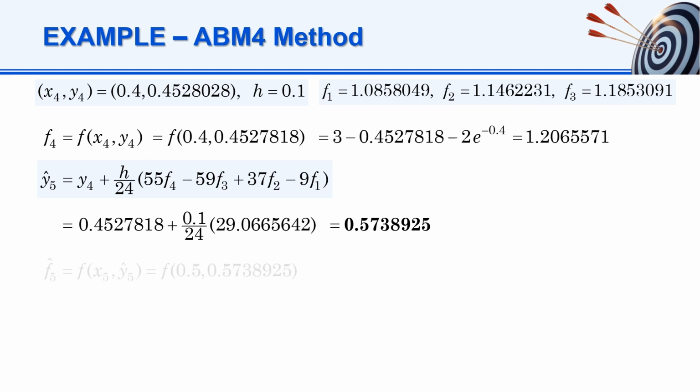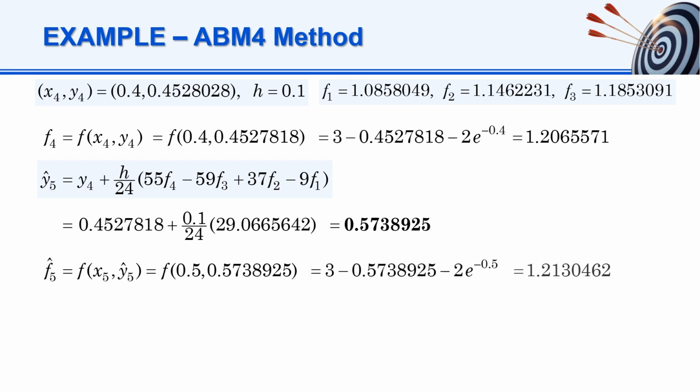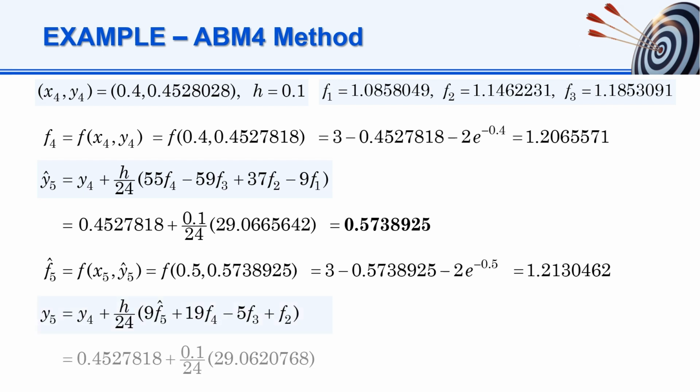The corrector requires another slope, F hat 5, obtained as 1.2130462. Substituting this along with the other slopes, y5 is found as 0.5738738.